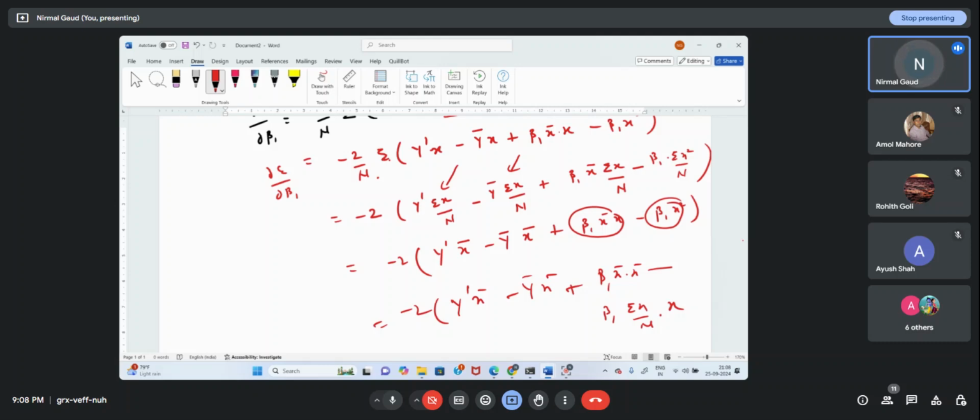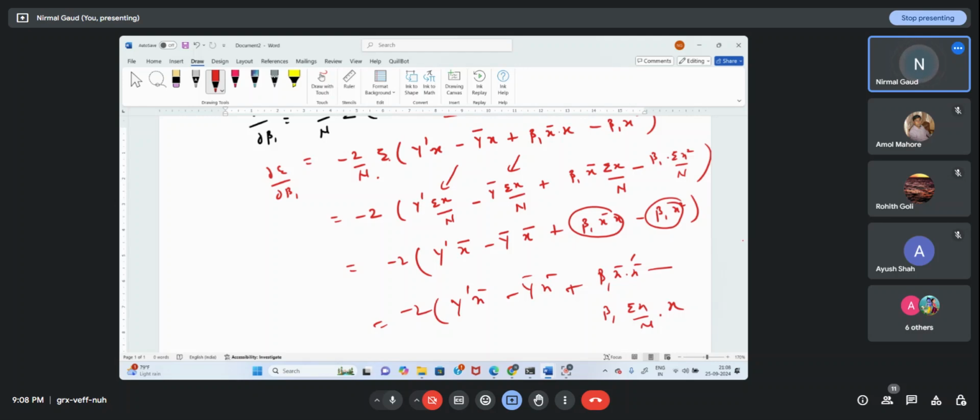So it's better I considered, okay, and I put summation of x by n as x bar, and here I was having summation of x square. So I split it like x into x, and with one x I give one summation divided by n. That's what I did.